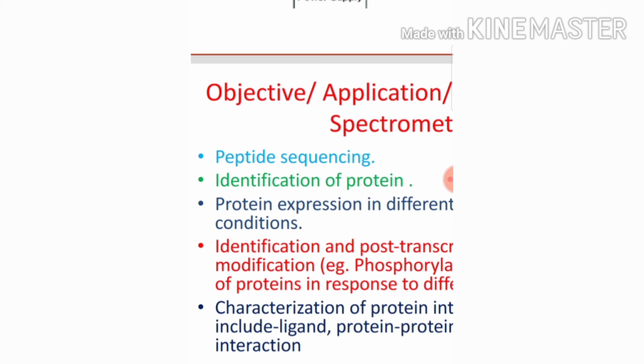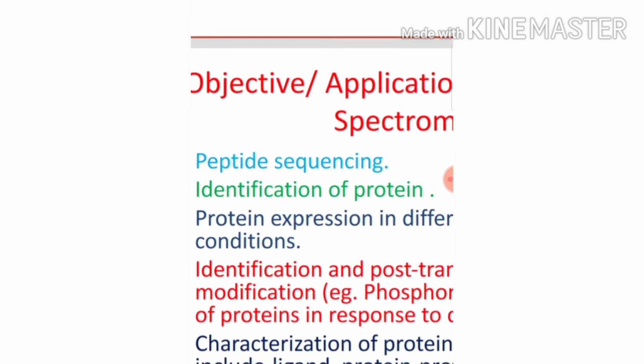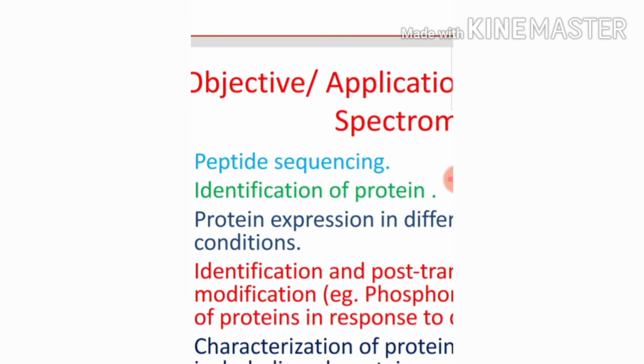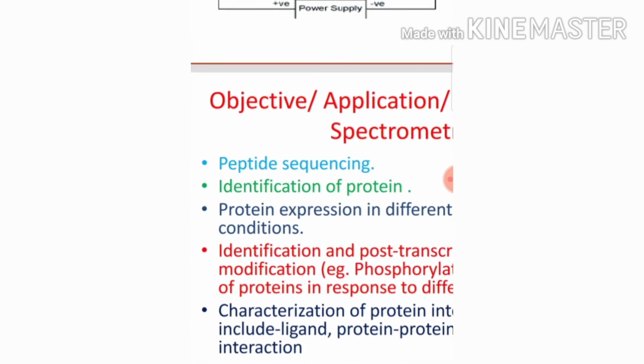First we isolate the protein, purify the protein, and then we proceed to 2D gel electrophoresis. After the 2D gel electrophoresis, we separate the unique protein from the gel, from the particular SDS based gel.